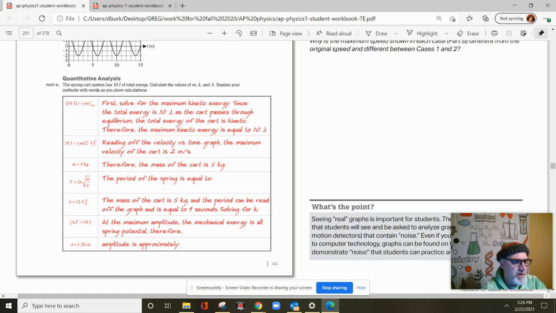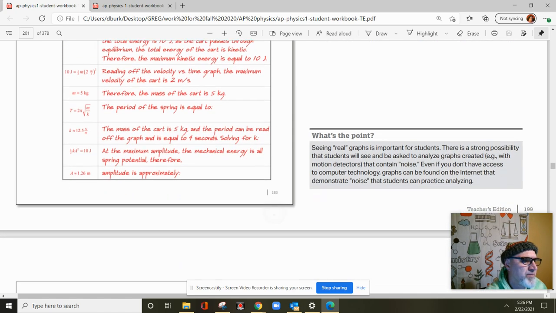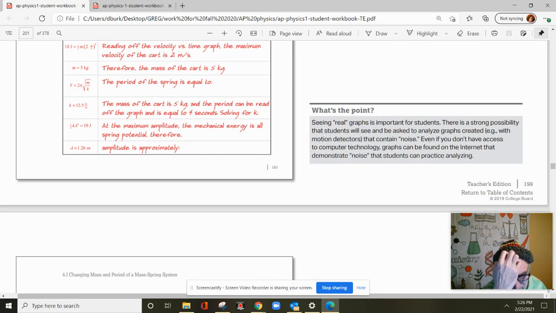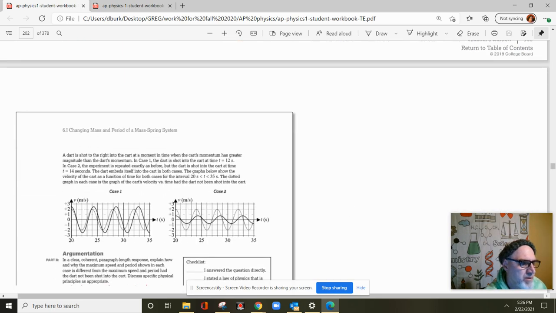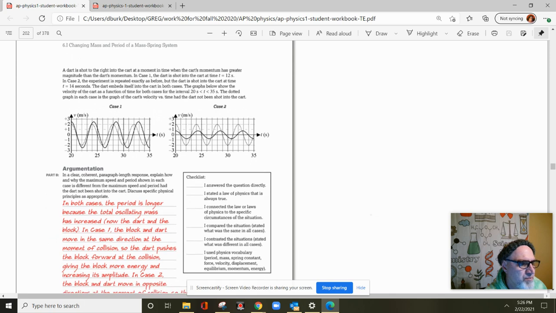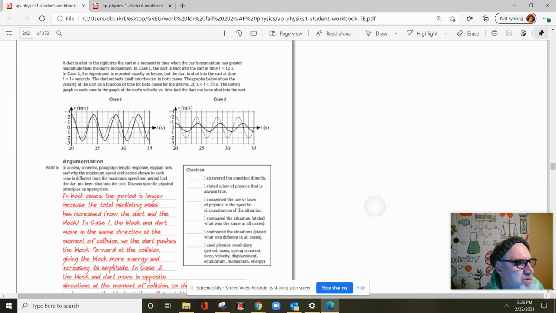Looks like they skipped about 50 steps of algebra. At the maximum amplitude, the mechanical energy is all spring. Therefore, they're using 1/2 ka squared equals 10 joules, and we already figured out k, and we can solve for a. So they're kind of working through that there, skipping a lot of steps. I'm certainly willing to talk somebody through that a little more if they skip too many steps and you're confused.